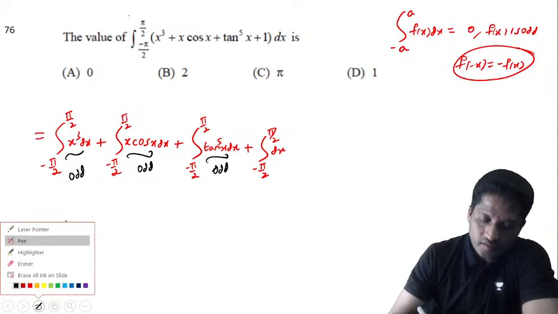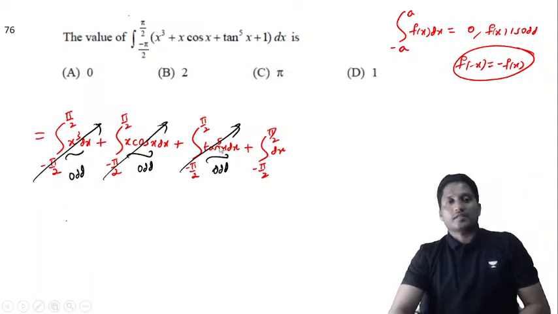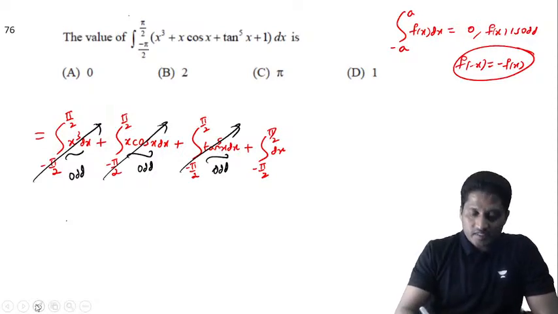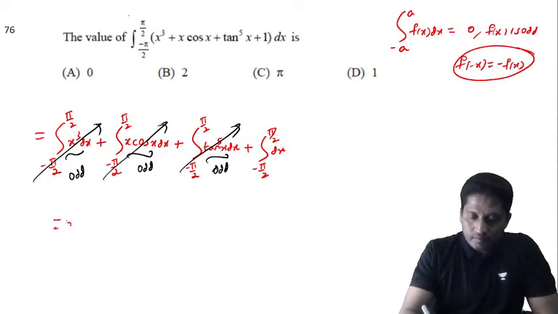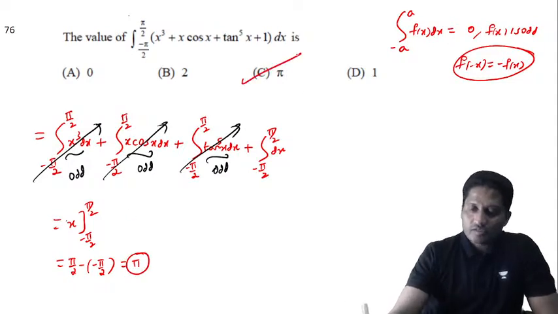So this means that this fellow is 0, this is 0, and this is 0 because all these are odd functions. Integration of dx is x between the limits minus pi by 2 to plus pi by 2. Upper limit is pi by 2, lower limit is minus pi by 2. Minus and minus is plus, you get pi. Right, answer is option C.